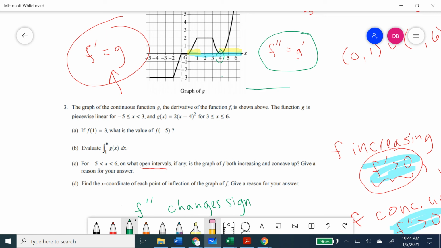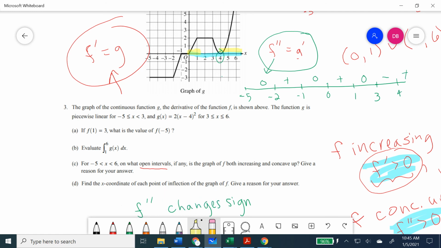And real quick, I'm just going to write out what I would have charted for my f double prime, so you can see what I mean. I had looked at slope and gone 0 slope, positive slope, 0 slope, positive slope, 0 slope, negative slope, positive slope.